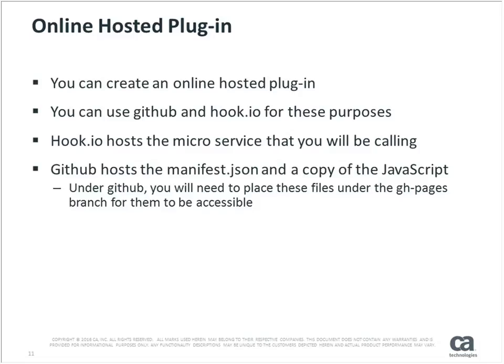But there is a little catch here, like in anything else. Under GitHub, for you to be able to see the JSON manifest file, the manifest.json file, and the actual JavaScript code, and see exactly how it's interacting, you need to place these files under gh-pages.